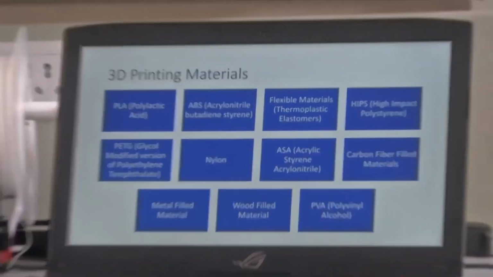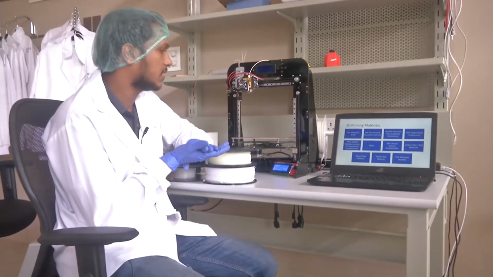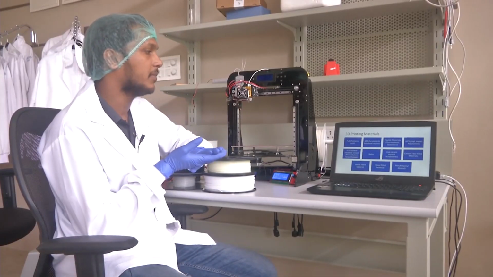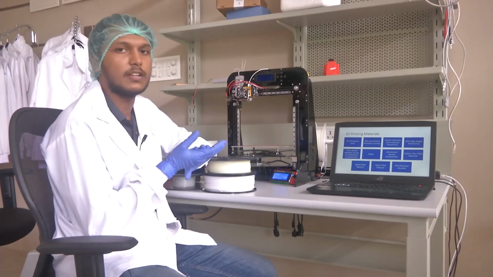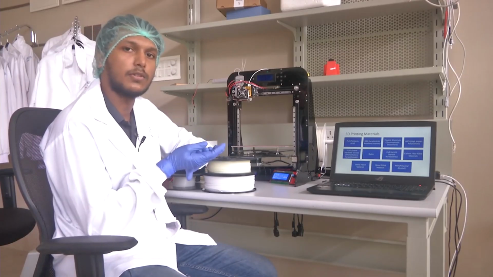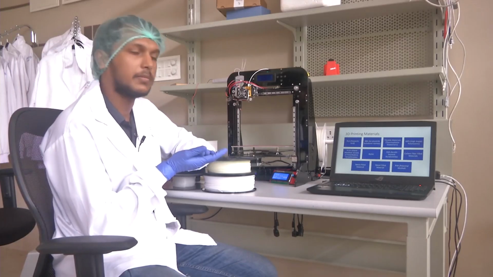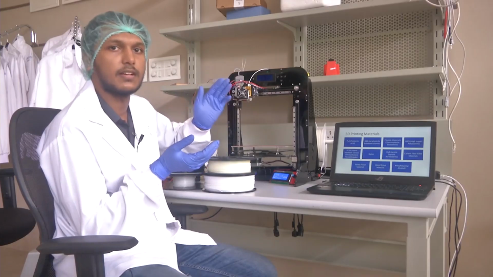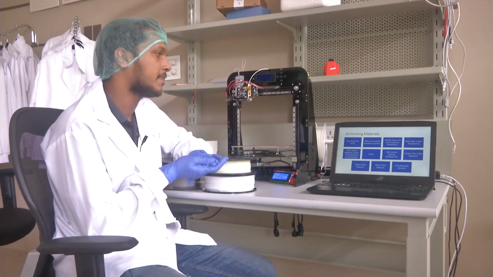If we are using PLA material, there is no need of any heating in the printing platform, but ABS will shrink a little bit if it is cooled rapidly. So, that will need a heated 3D printing bed, and ABS is cost wise similar to PLA.